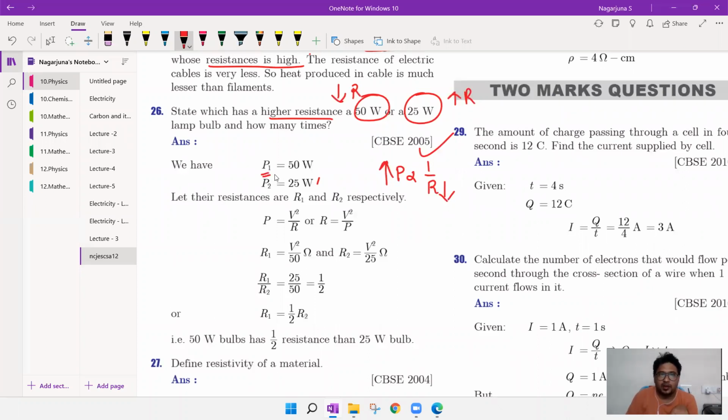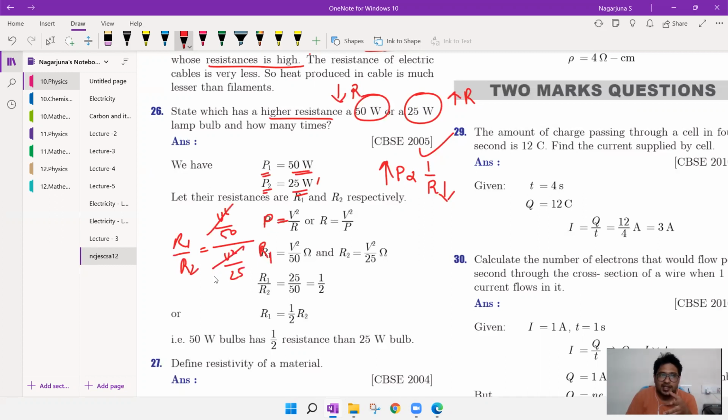So power 1 is equal to 50 watt, power 2 is equal to 25 watt. We know P is equal to V square by R, or R is equal to V square by P. So R1 is V square by 50, R2 is V square by 25. If you take the ratio R1 by R2, it is V square by 50 upon V square by 25.